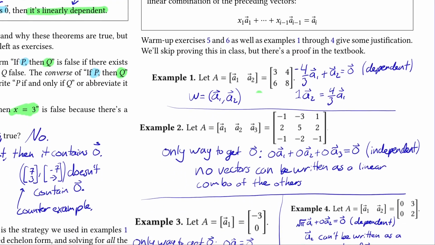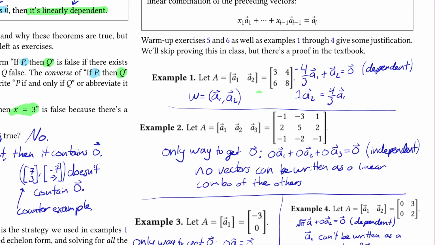Example 2 was a little bit more complicated, but we found the only way to get the 0 vector is with the trivial solution where all of the coefficients here were 0. And we explained why no vectors can be written as a linear combination of the others. Because if you could, that would result in a non-trivial solution to the homogeneous equation existing, and we know there does not exist one of those.